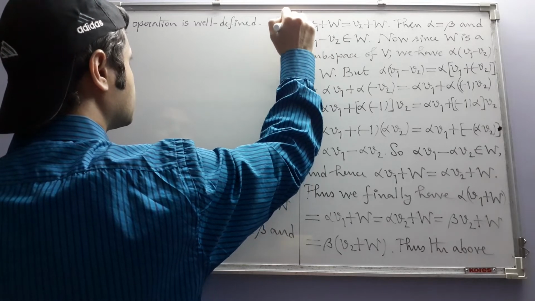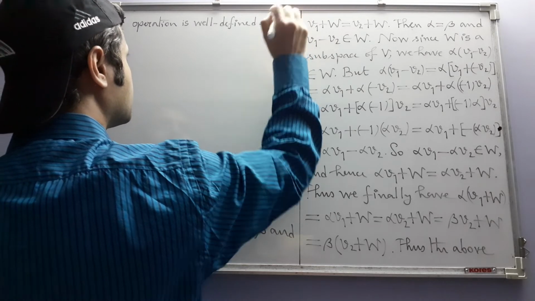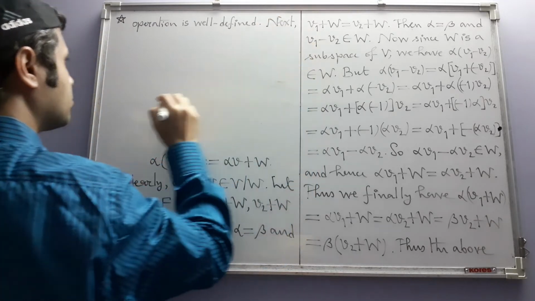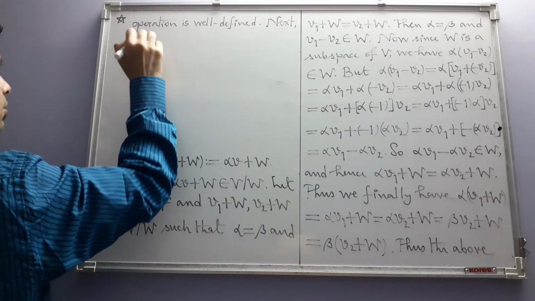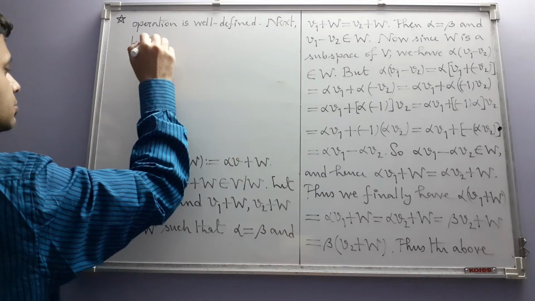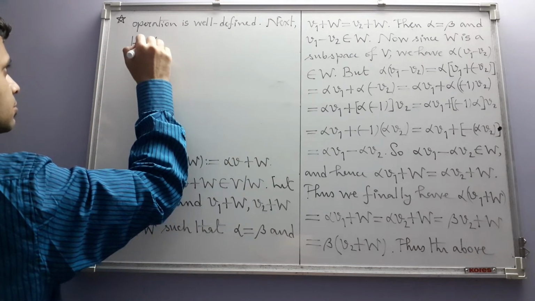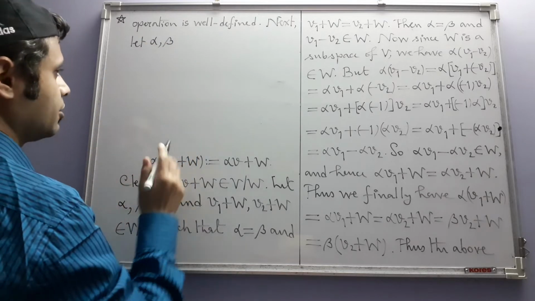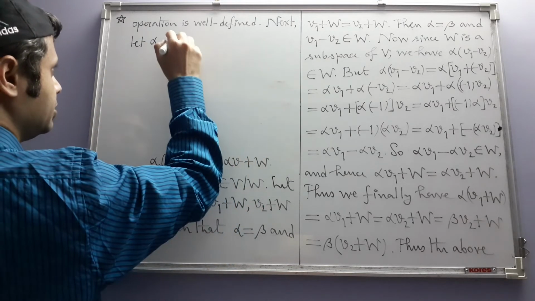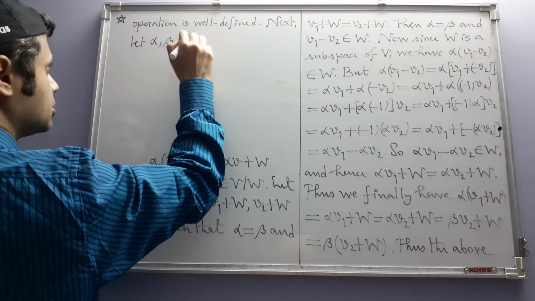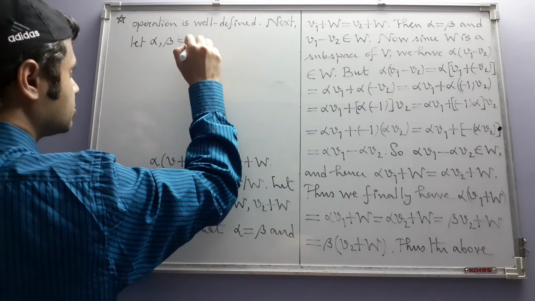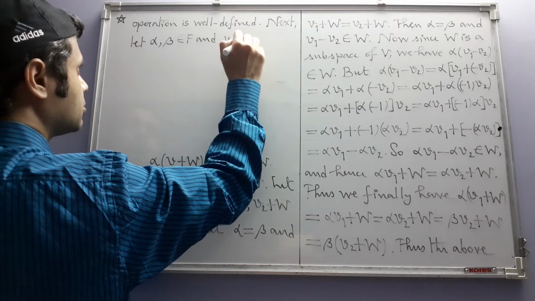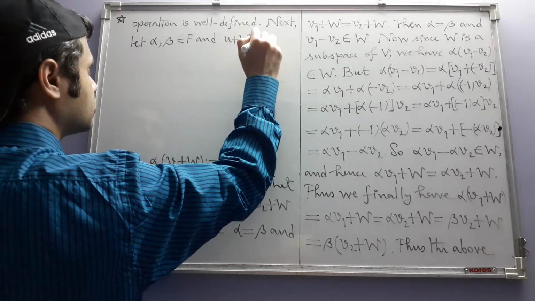Next, let alpha, and we already took alpha, it does not matter because they are just variables. These are any field elements and these are cosets.